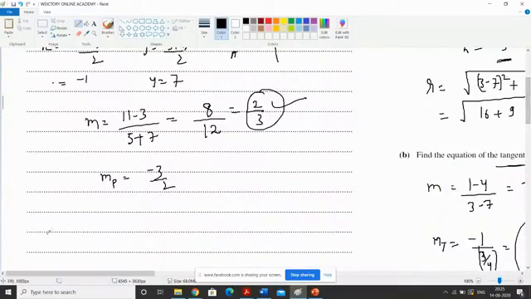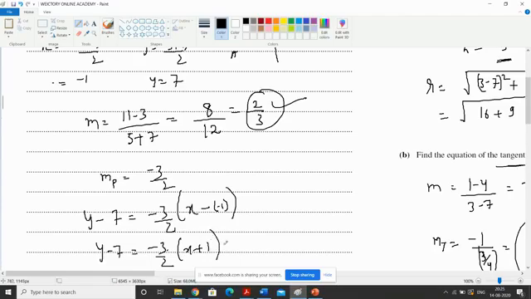Now y minus y1, y minus 7 is equal to minus 3 over 2 times x minus of minus 1. So y minus 7 is equal to minus 3 over 2 times x plus 1.